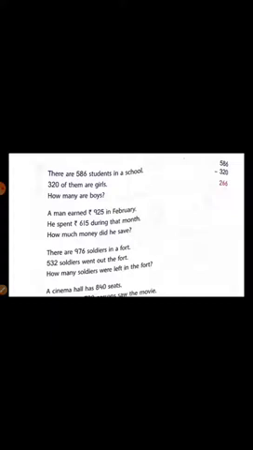And he spent 615 during that month. Spent means to use money. So out of that 925 rupees, he spent rupees 615. How much money did he save? Save means to keep. So the amount he earned, if we subtract the amount he spent from the total amount, 925 is the total amount.